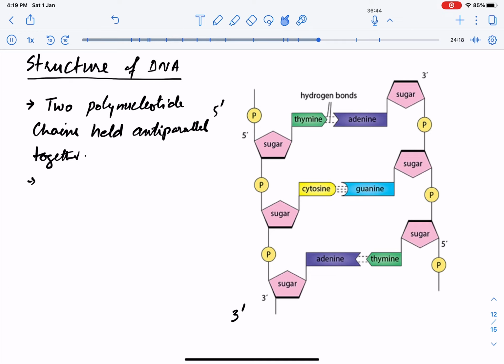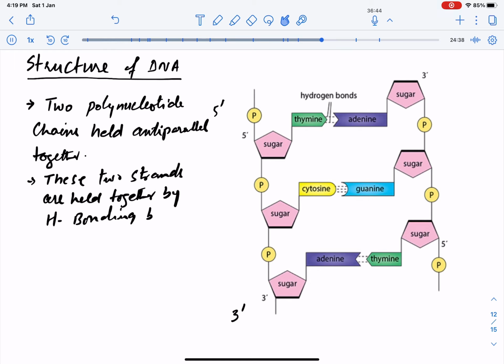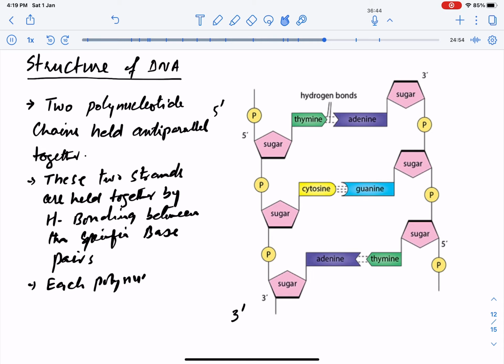These two strands are held together by hydrogen bonding between the specific base pairs, and each polynucleotide is a right-handed helix.